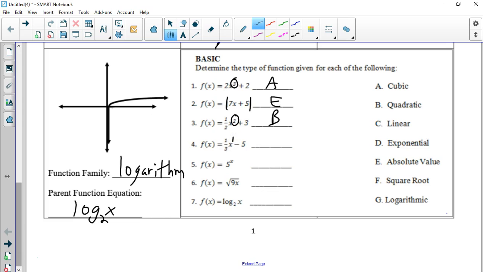X to the 1, that is C, linear. 5 to the x, that's exponential, technically exponential growth. Here we have a square root symbol, so not too challenging there. That's square root. And then we have the word log, so not too tricky again. Logarithmic, G.